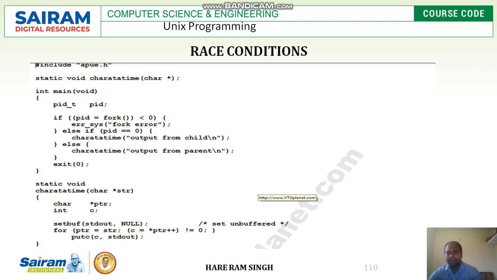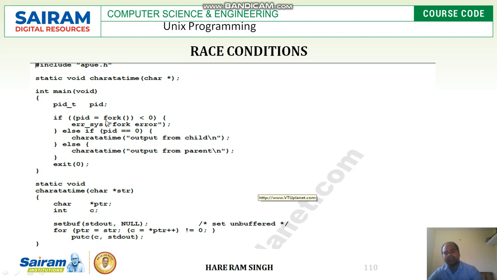Here we include apue.h, some header files. Then static void charatatime, charatatime(char *), which is a function prototype. Its parameter is a pointer which holds the address of a character. In the integer main, we define a variable pid of type pid_t.